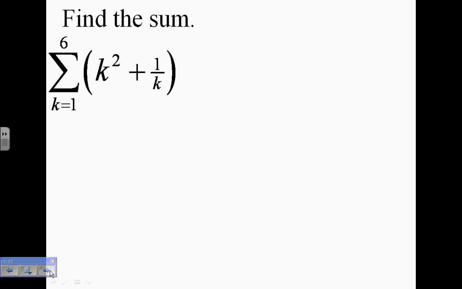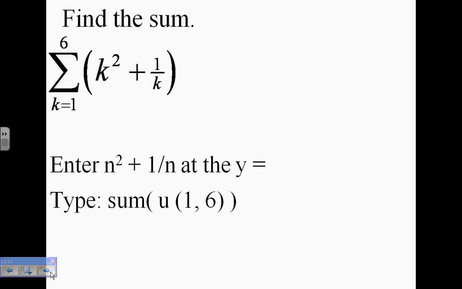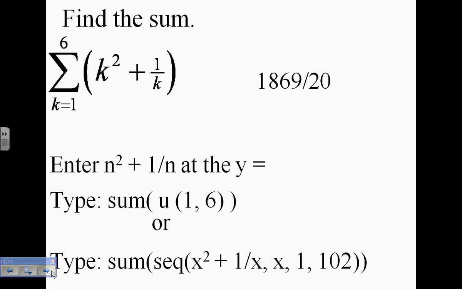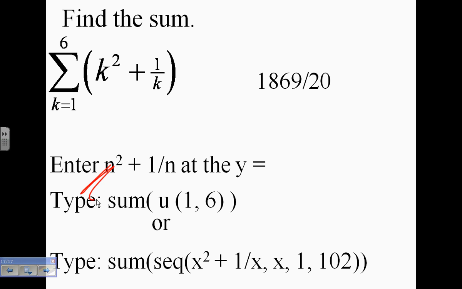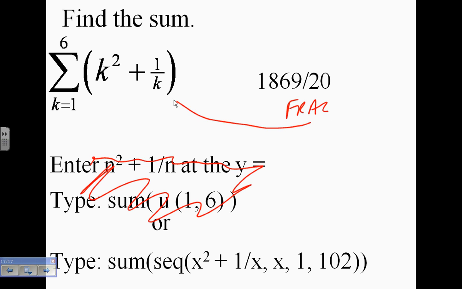Hopefully you got 16, 18, 69, 20. Okay, again, we're not doing the sequence mode on the calculator. I'm not there. And it's nothing you have to worry about. It's just a fancy way of doing this. And yeah, you should put your answer in frac mode because the question's in frac mode. Okay? Great.